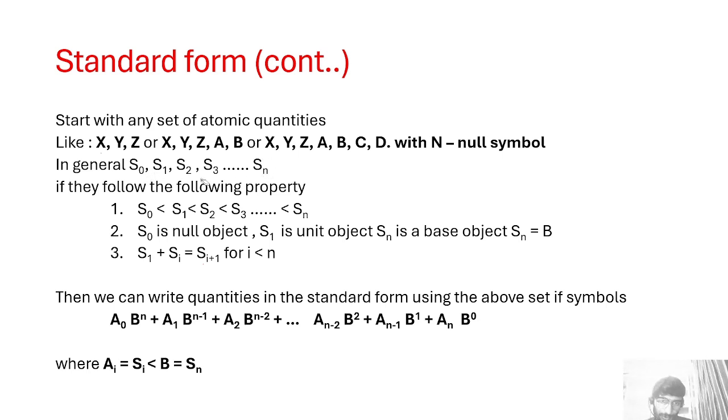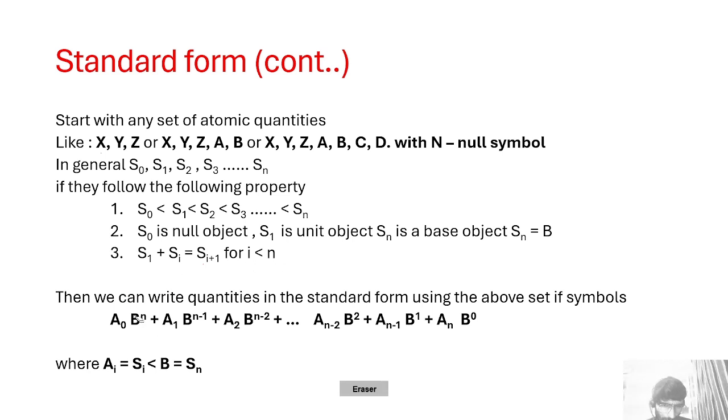So from S0 to Sn minus 1, if you add the unit element, unit object, to those symbols, then you get the next symbol, right? So if you add the unit element to S1, you will get S2. If you add it to S2, you're going to get S3, right? So this equation with this constraint, right?